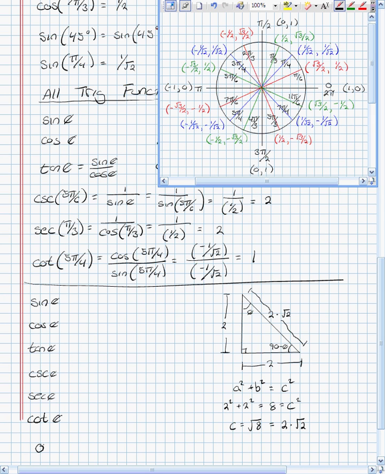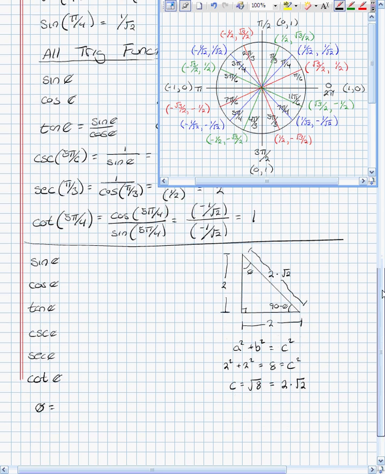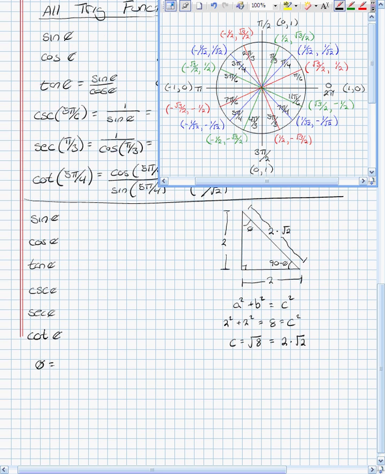We're also asked to find out what the angle theta is equal to. So if we look at sine theta, we know that sine theta is equal to opposite over hypotenuse. So 2 over 2 times the square root of 2. So that's equal to 1 over the square root of 2.